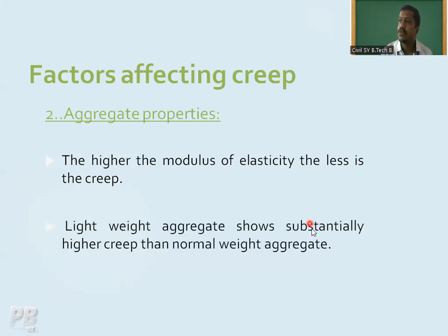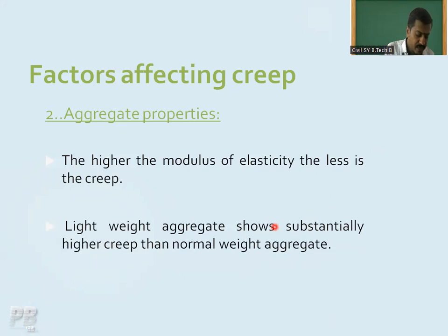Lightweight coarse aggregates show substantially higher creep than normal weight coarse aggregate, because they are lighter. Load is going to act continuously, and because of this loading there may be deformation which can cause creep. So preferably we use normal weight or higher weight aggregates.